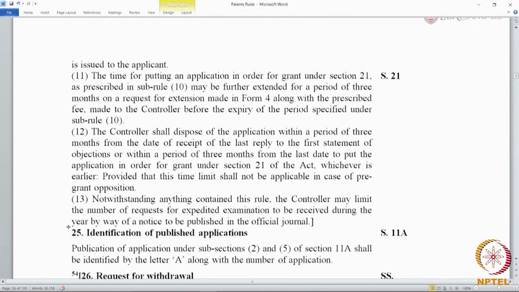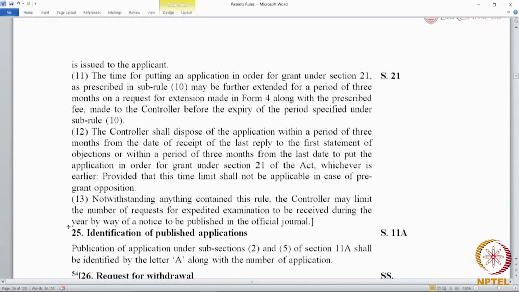Subrule 12 states that the controller shall dispose of the application within a period of 3 months from the date of receipt of last reply to the first statement of objection or within a period of 3 months from the last date to put the application in order for grant under section 21 of the Act, whichever is earlier, provided that this time limit shall not be applicable in the case of pre-grant opposition. Now, this statement is not there in 24B.